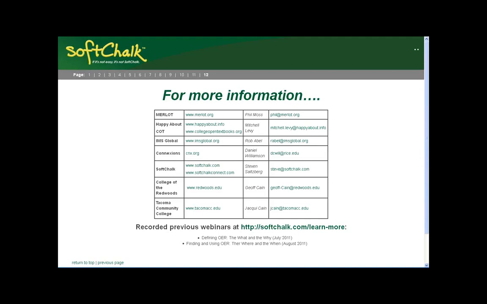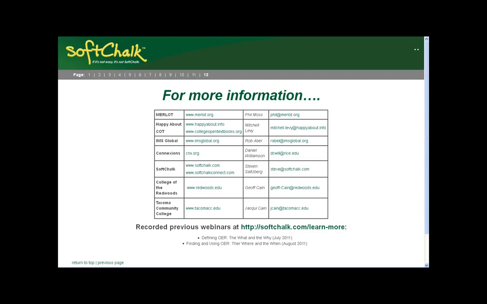Yes. Okay. What I did was, after you create your SoftChalk package and you have all your video and everything, in SoftChalk you zip it, and then you go into Angel, which is the one I use for Tacoma Community College, and you just import the zipped file, and it unpacks it for you automatically. It's something similar for Sakai, the Hound of the Baskervilles tool. Same thing.